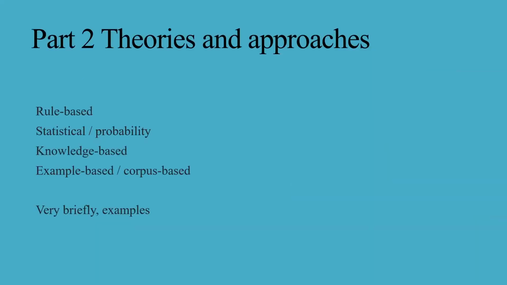Okay, that's very briefly about the history of translation technology. And so the problems are there for people to solve in future research, and to help machines to do a better translation. Part 2 is about theories and approaches.